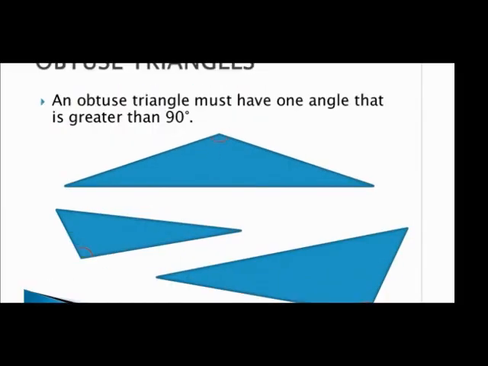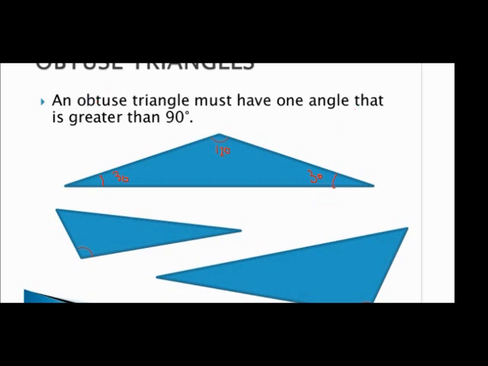For example, here we are having 120, right? So there must be 30 here and another 30 here. In order to add them together, 120 plus 30 plus 30 equals 180.